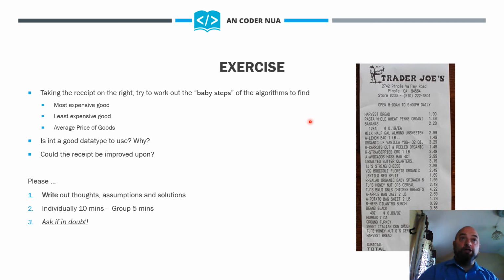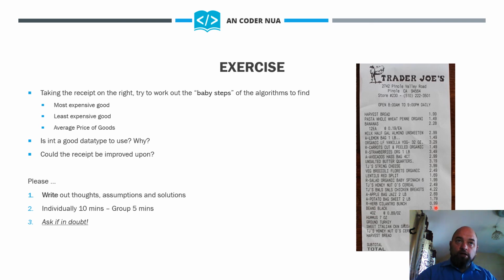We would just look through this, let's say for the least expensive good. We would scan through it, and I'd say the least expensive good there is this one there at 99 cent. Okay, 99 herb cilantro bunch.